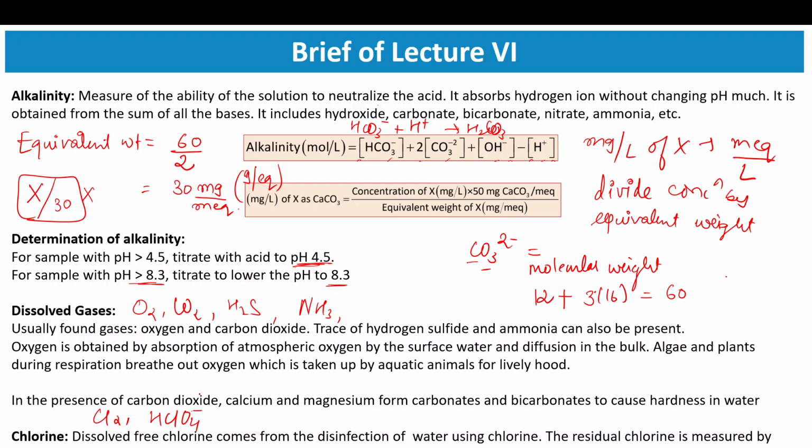How does this chlorine disinfect water? Because this is widely used for the disinfection of water. Why are they used? Because they form free radicals, and these free radicals are highly energetic, right? Because they are very short-lived and they have only one unpaired electron.